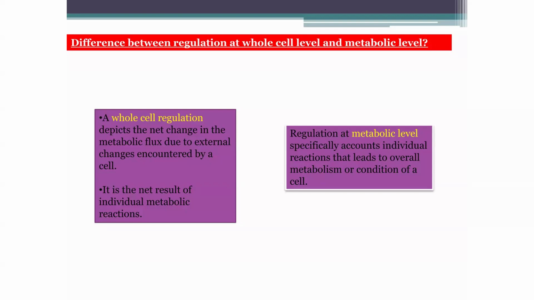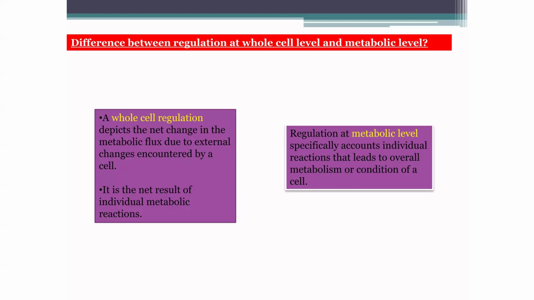So you can control the whole glycolysis using an individual reaction. Of course, we have control points in the case of glycolysis, and these control points include step 1, step 2, and step 3. Those are the steps in glycolysis we call irreversible steps, and they are the control points.